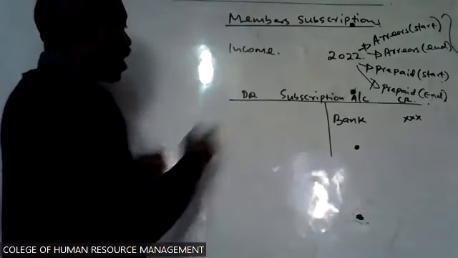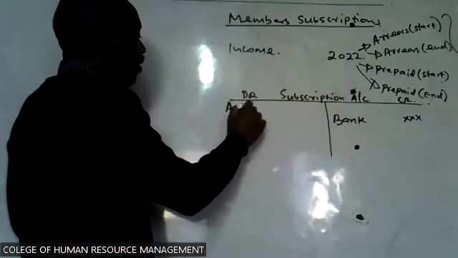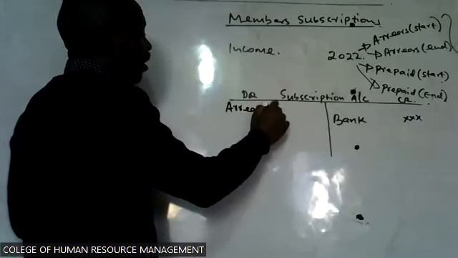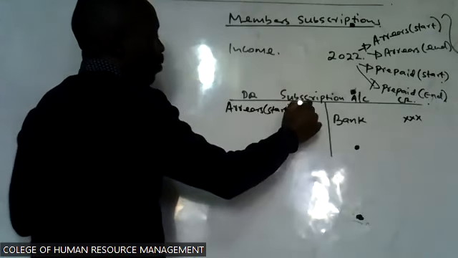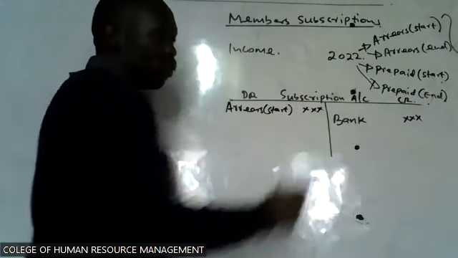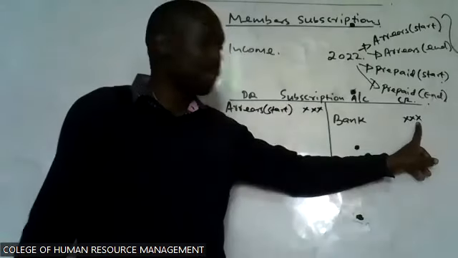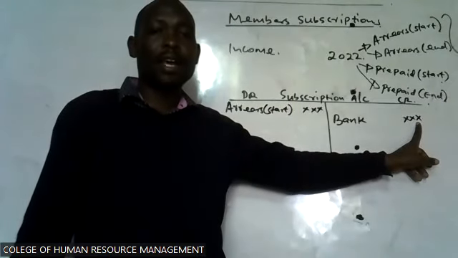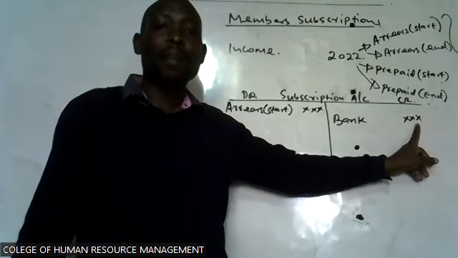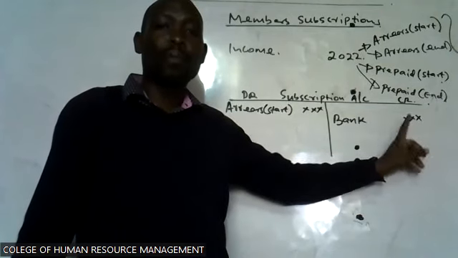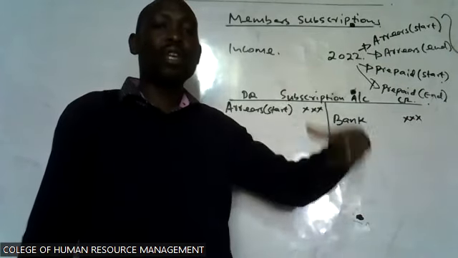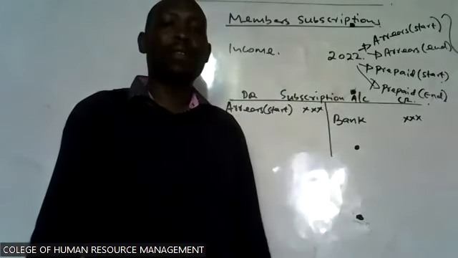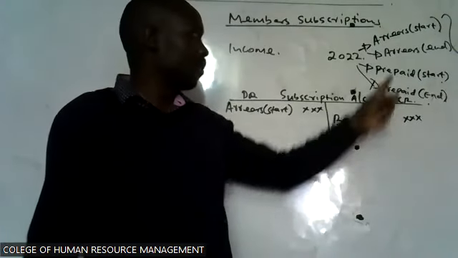We normally put it here as arrears at the start. It is not for 2022. It has been received in this amount of money that we have credited here as bank, but that money was supposed to be received in the previous year. So it is right. Those members had arrears at the start of the year.